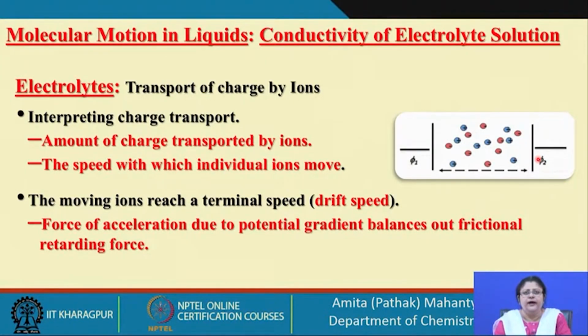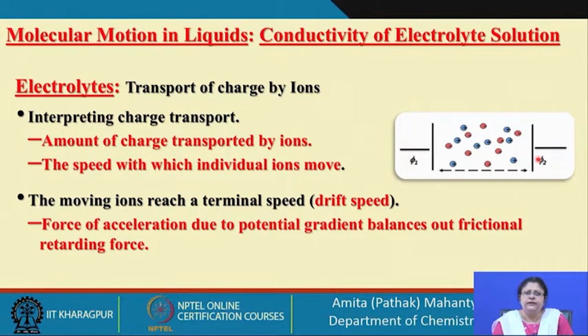They actually have various types of forces acting on them. When the ions are in the liquid medium, that is the solvent medium, the ions are moving under the influence of a potential gradient. What is accelerating them to move forward is the potential gradient: the positive charges move to the negative terminal and the negative charges move to the positive terminal.